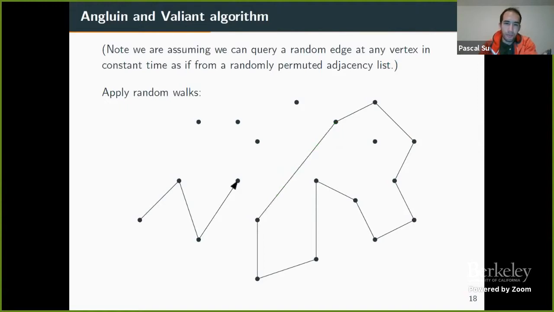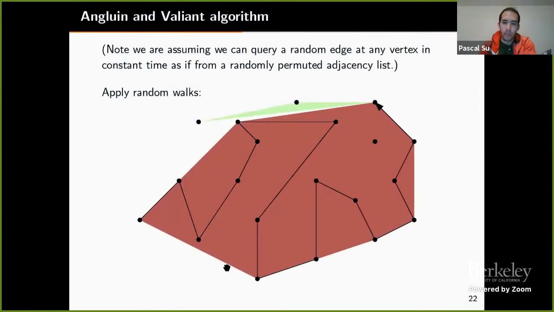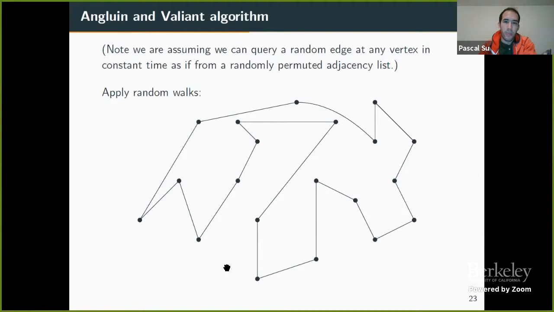And then I get a new starting point from which I can try to continue my path. If at some point I find an edge back to the cycle, I can reincorporate the cycle into my path. And this way, if I'm a bit lucky, then hopefully this random walk will find all the unused vertices and eventually give me a Hamilton cycle.